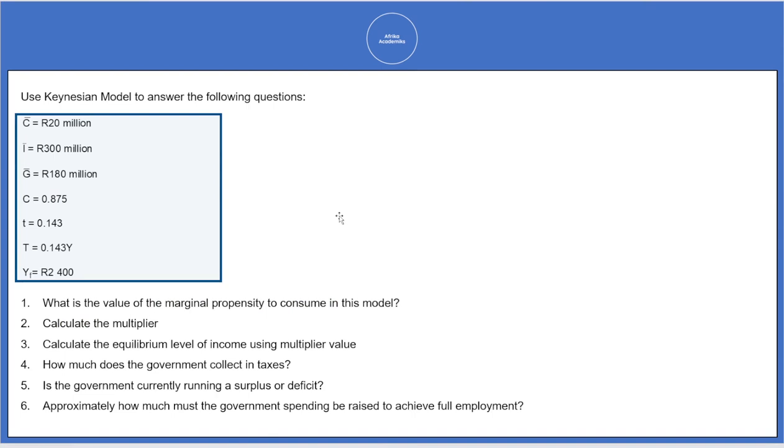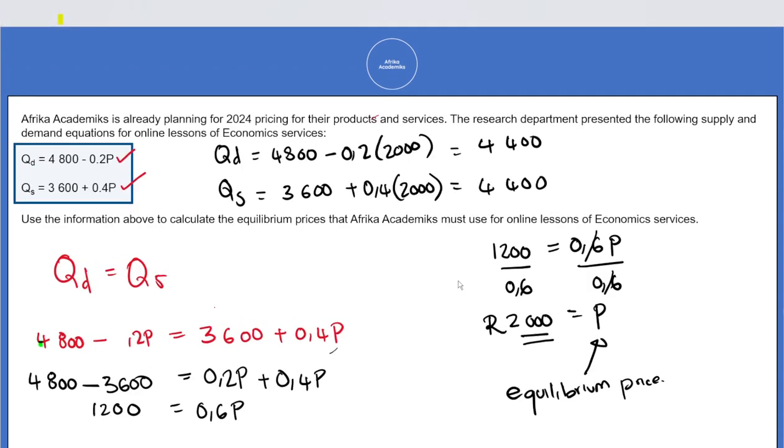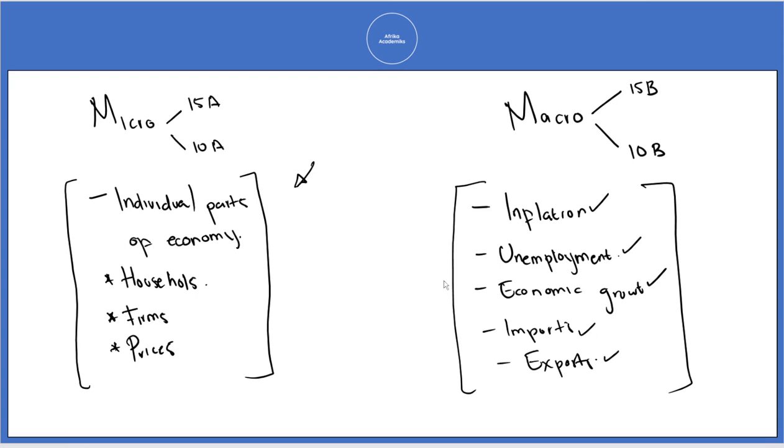And this question here is actually dealing with the macroeconomics, which is your ECO10B or 15B, right? And if you still remember from the discussion we had earlier on, macro will focus on inflation, unemployment, economic growth, imports and exports.